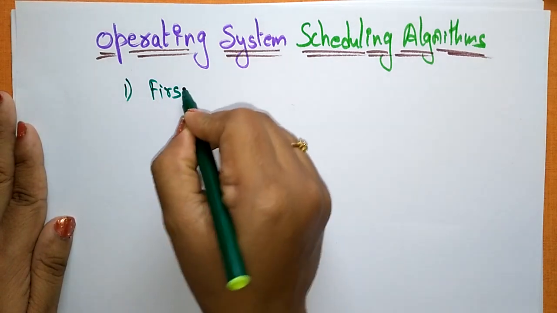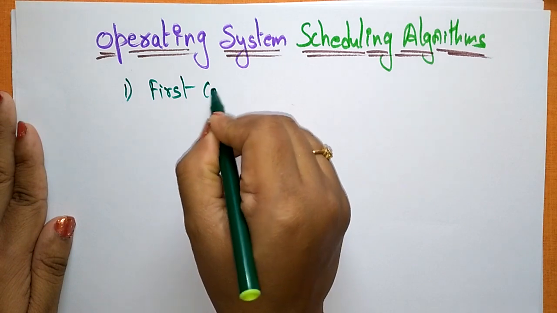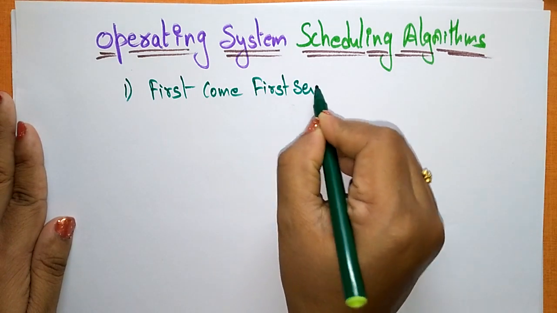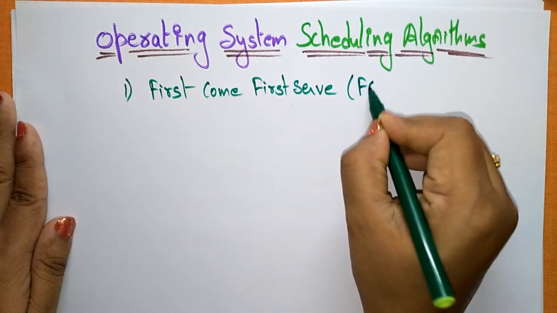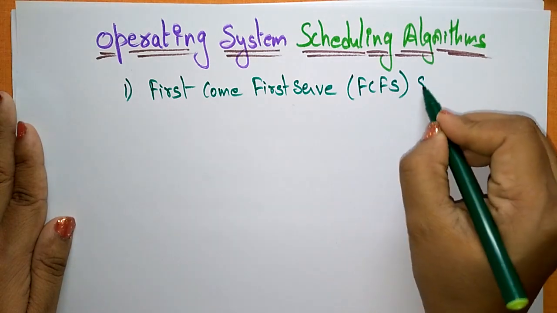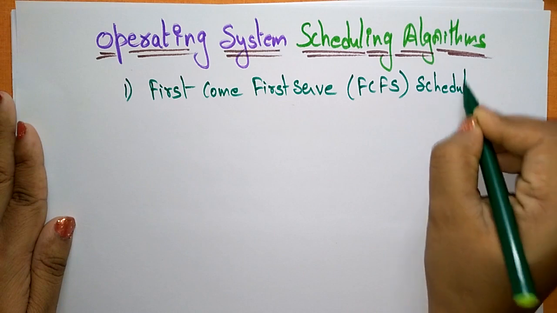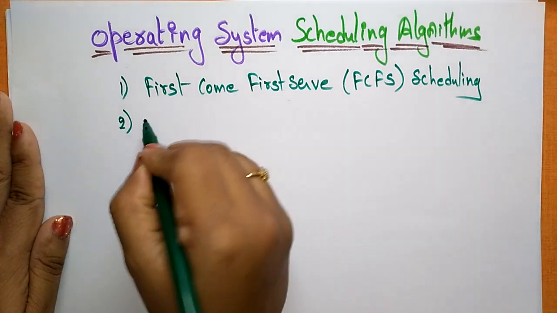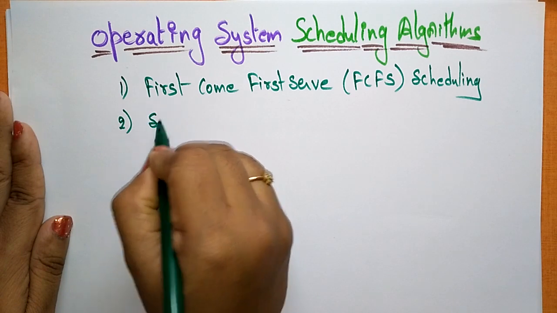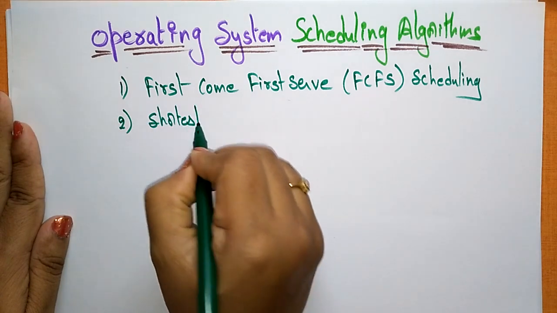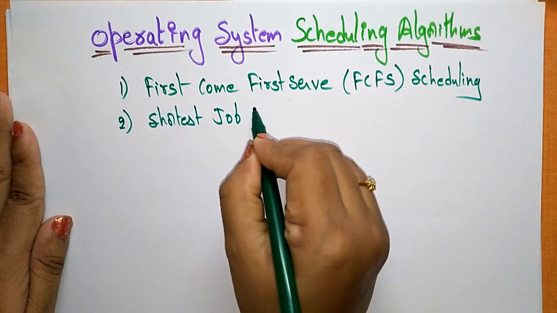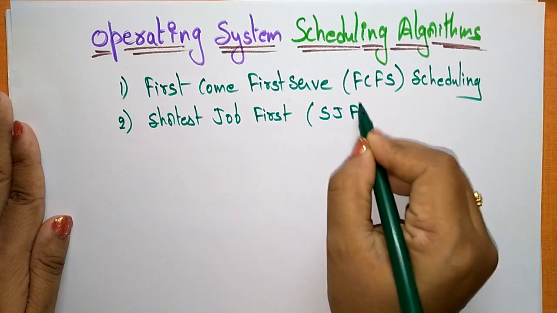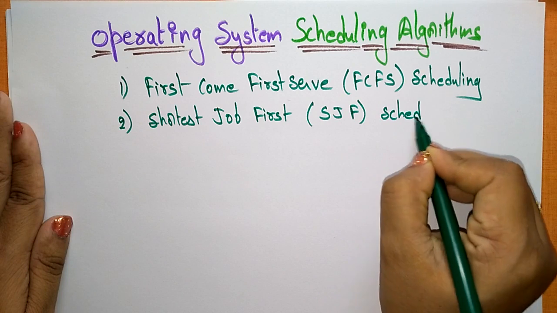first come, first serve. We already know about this. This is the FCFS scheduling, first come first serve. And next, shortest job first, SJF scheduling.